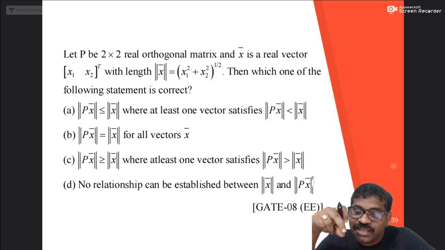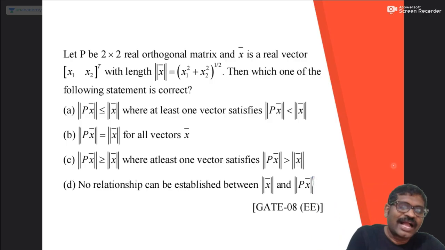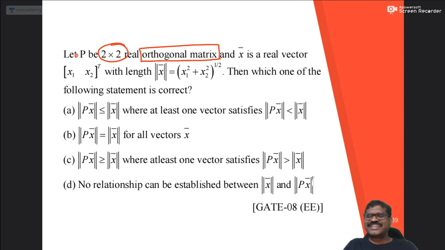Here the keyword is orthogonal matrix. If you want to solve this problem, you have to take one orthogonal matrix. That is the keyword. Mainly, you have to concentrate on the content and how to process the data.